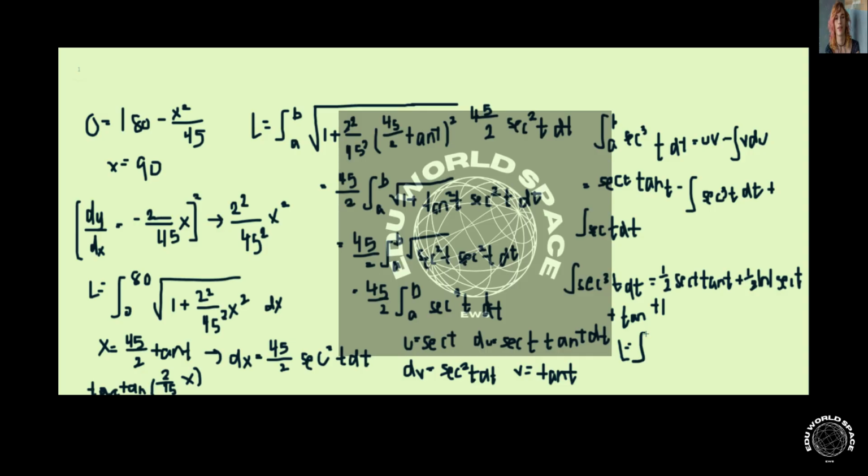So when we find our limits, a is going to be equal to the arctan of 2/45 times 0, so that just gives us 0. And for b, it's going to be 2/45 times 90, and we're finding the arctan of that. So that's arctan of 4.